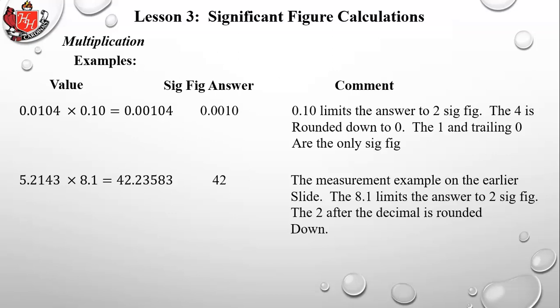So that leaves the answer as just 42. Now, a point here, you don't put 42.0 because if you did that, that 0.0 would be an additional significant figure. That would be 3 significant figures. So you have to leave it simply as 42.